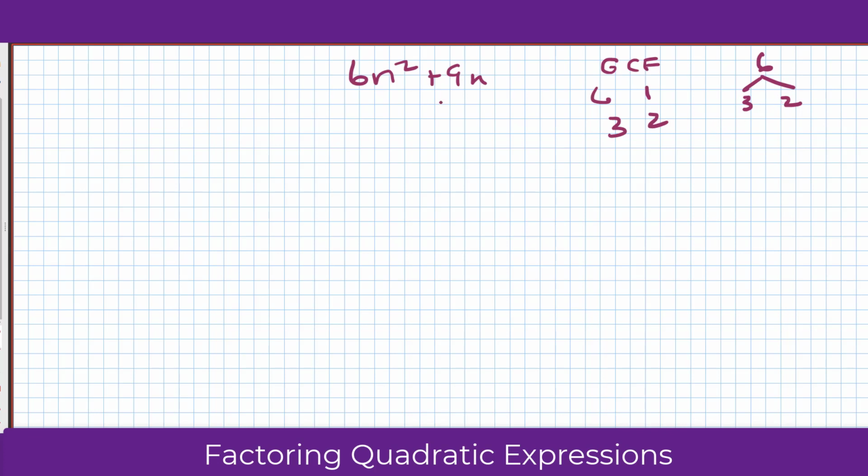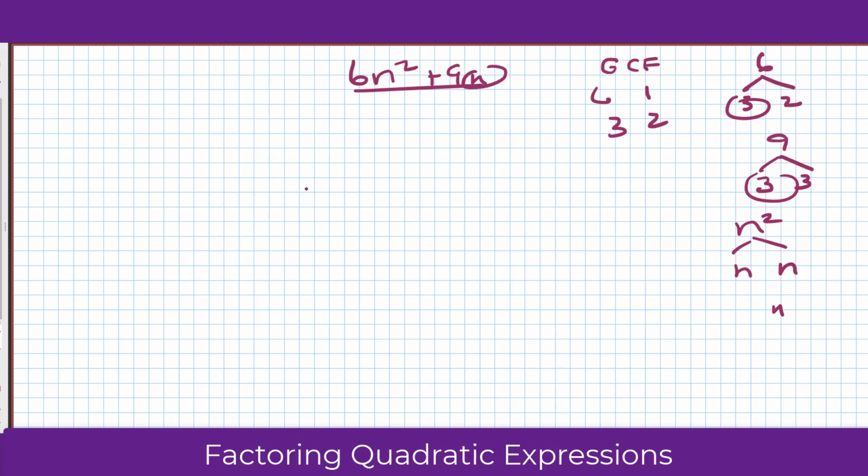Now, we also have another number here, that's 9. If you remember, 9 is 3 and 3. So what is the greatest common factor that they have in common? It's 3. So to factor 6n squared plus 9n, we factor out the greatest common factor. And we also have n squared and n. N squared is n times n, and then n is just n, so we can also take out an n.